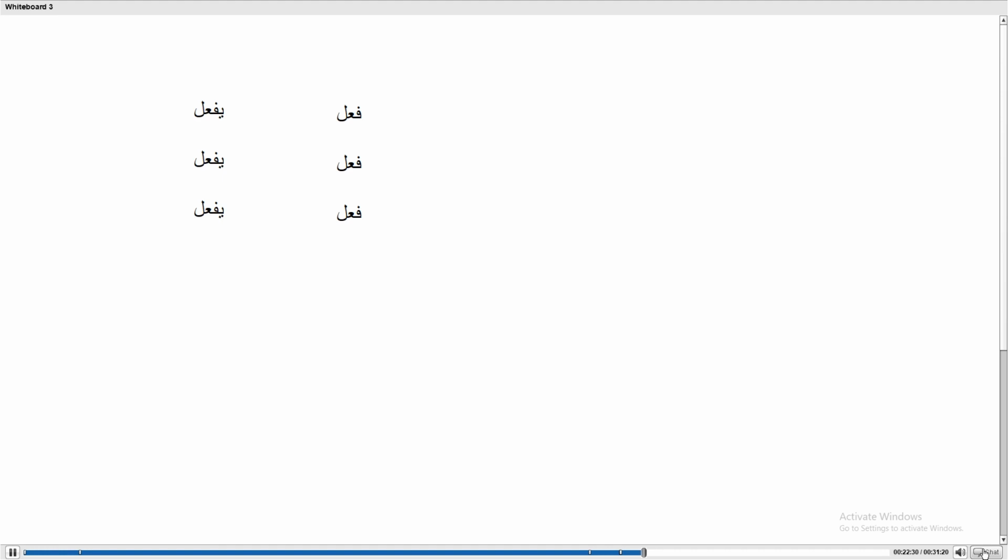Pay attention carefully. The madi, which is upon three original letters, has only three forms, no other. It is either fa'ala or fa'ila or fa'ula. It can't be other than those three. And the mudari' is either yaf'alu or yaf'ilu or yaf'ulu. And it can't be other than those three. Only those three.